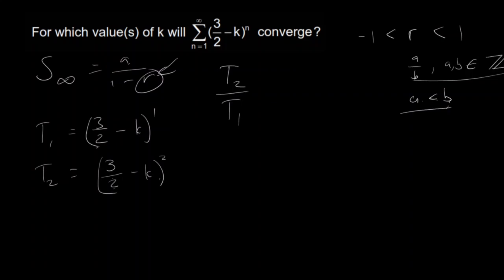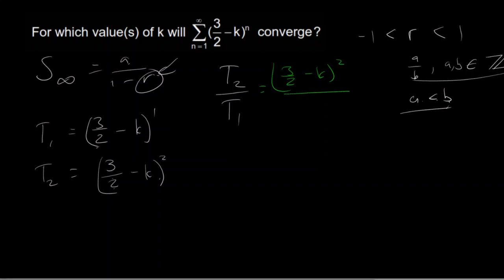Therefore, t2 over t1 is going to be equal to 3 over 2 minus k squared, all divided by 3 over 2 minus k to the power 1. Well, that cancels, and we have 3 over 2 minus k. Well, that's our r value, or our common ratio.